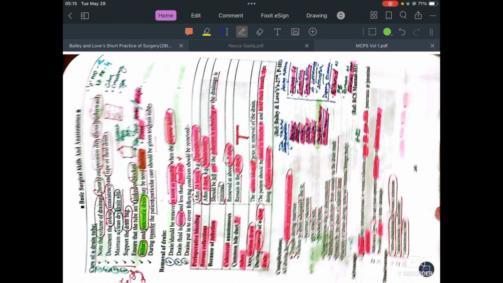Removal of the drain: the drain should be removed as soon as its purpose is served. If drain fluid is serous and less than 25 ml per day, it could be removed.